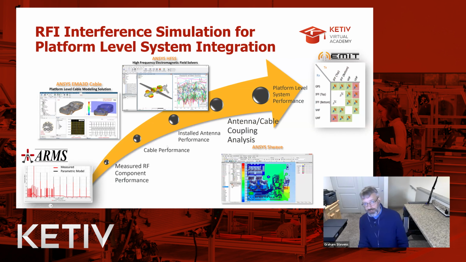And then this is just one last slide looking at antennas in particular in terms of RFI interference, looking at the cables in particular and HFSS on the antenna side, but then we can do the SI Wave analysis for the PCB board, and then also platform level analysis. If I have multiple antennas, how do those impact each other? How do those both transmit and receive with each other? And with another special package called EMIT that helps with that.